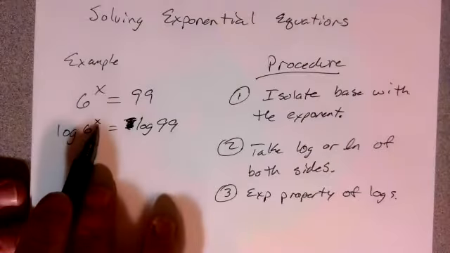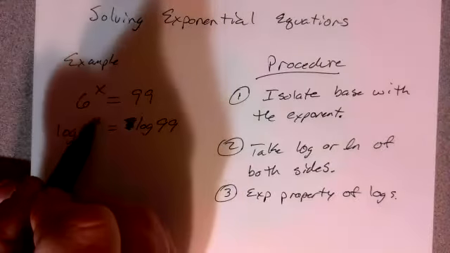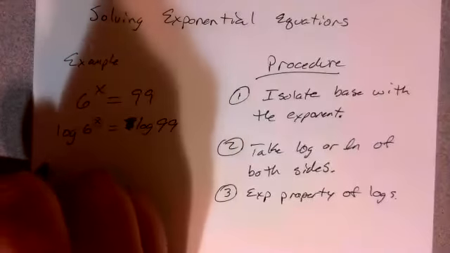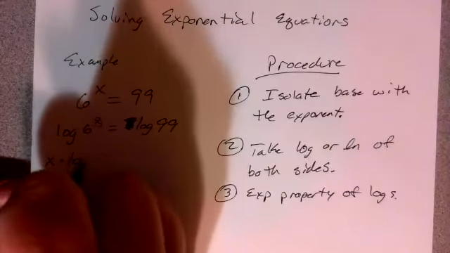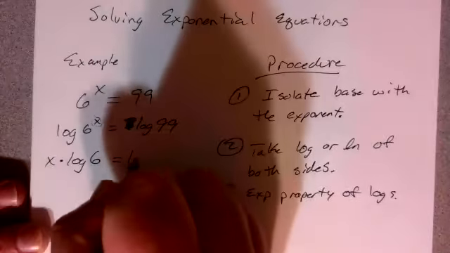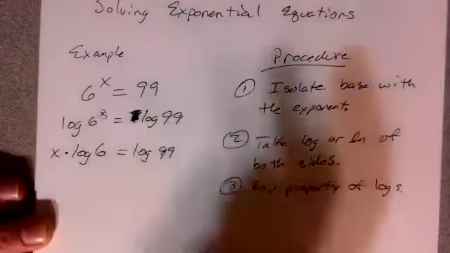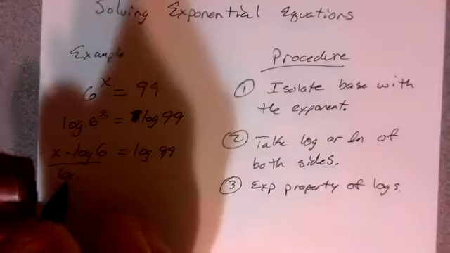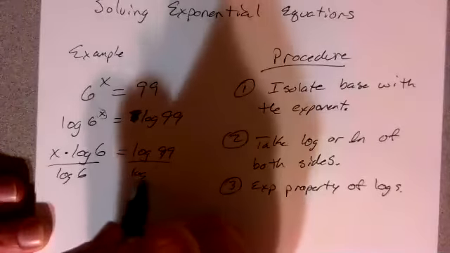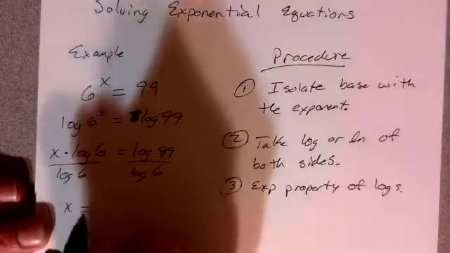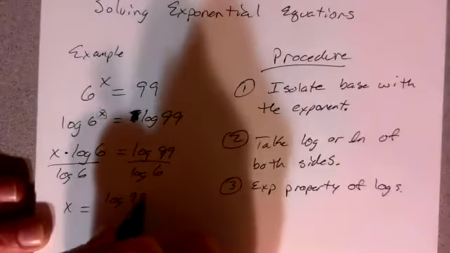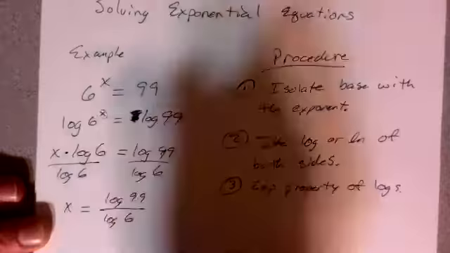I get to now take the x from here and bring it out front. So now I get x times the log of 6 equals the log of 99. Then dividing both sides by log of 6, x now equals the log of 99 divided by the log of 6.